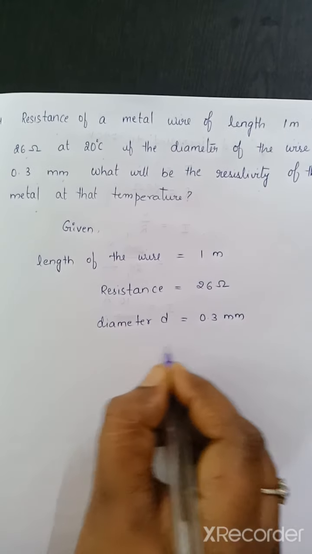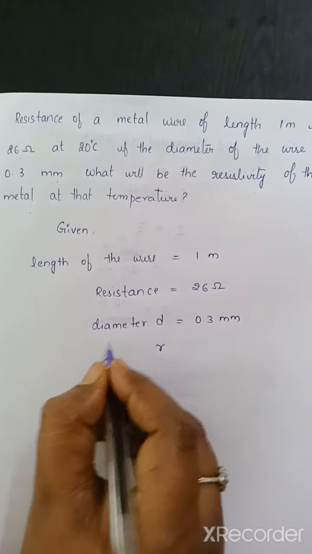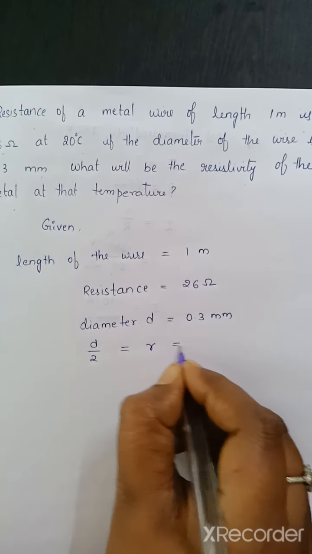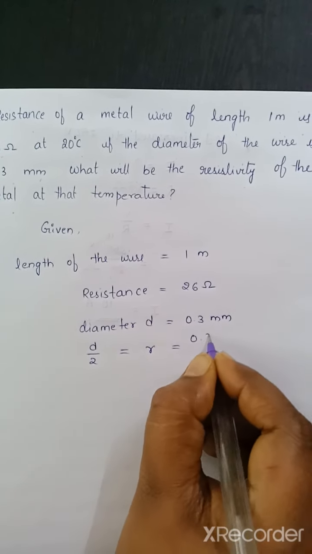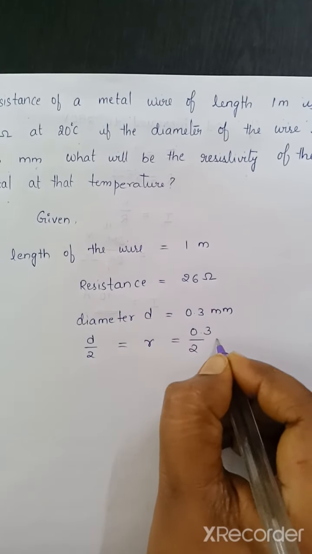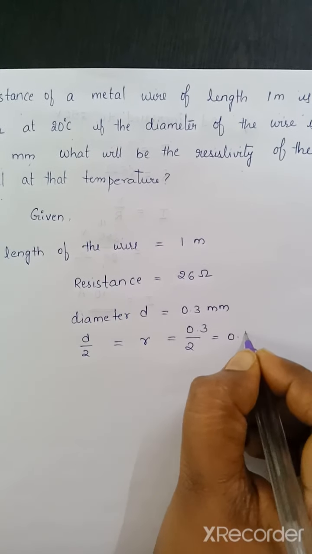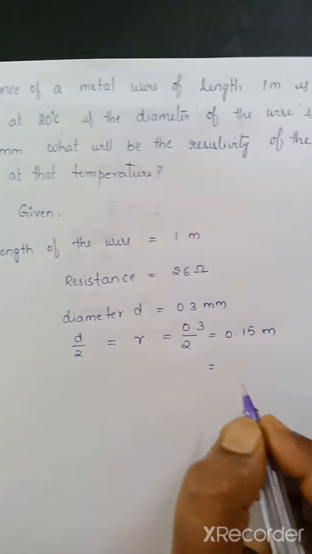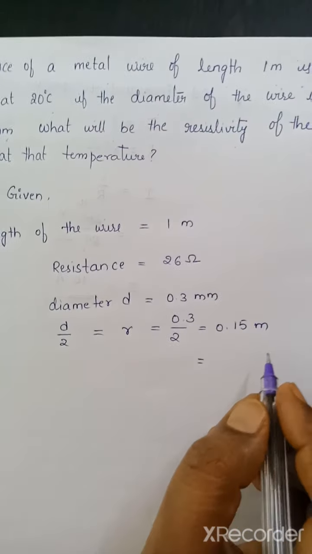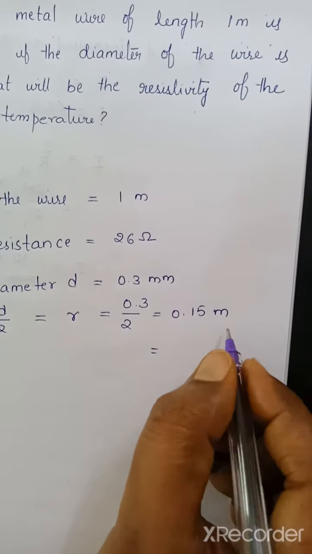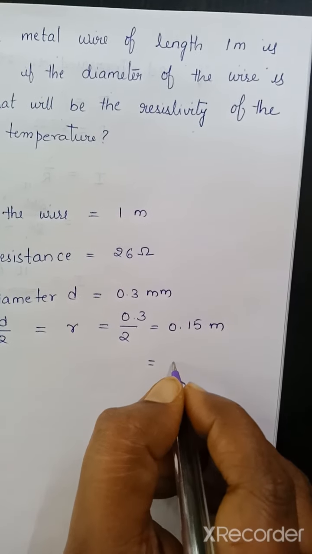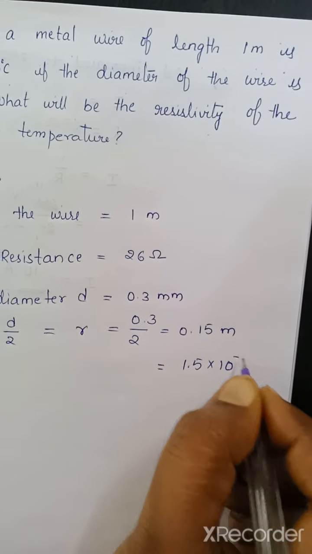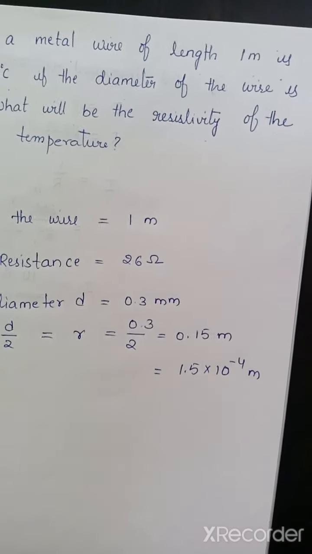Find the radius, that is R. R is nothing but D by 2, half of the diameter, that is 0.3 by 2, which is 0.15 millimeters. Convert this millimeters into meters. I have already explained previously how to convert. So its value comes to be 1.5 into 10 to the power of minus 4 meters.